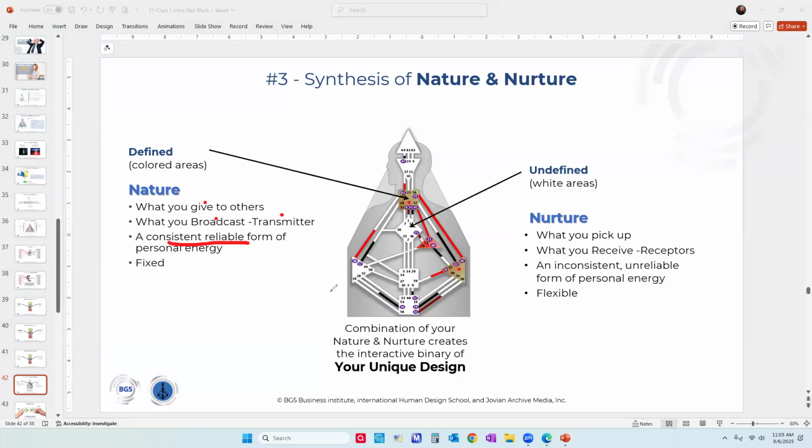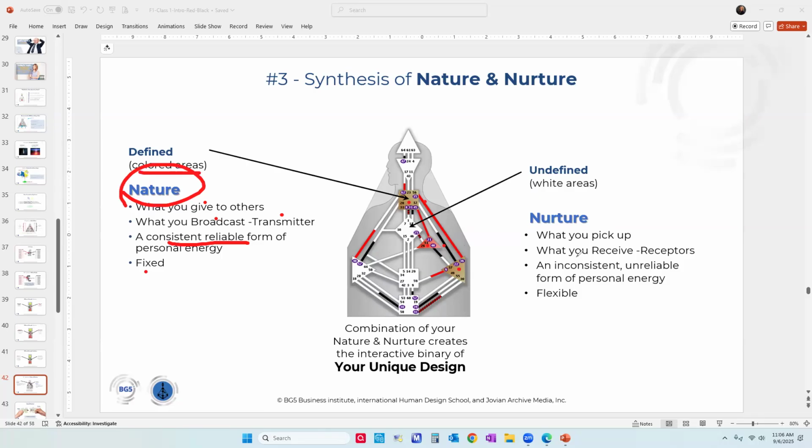It is consistent and reliable in terms of your energy, and in that sense, fixed, right? That's what you came into the world with, your nature, where your definition is, whether it's conscious or unconscious. It's all the areas that are colored in your design, whether it's a function, a trait, or a strength.